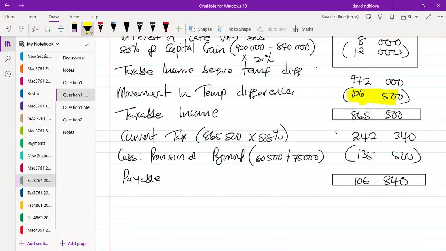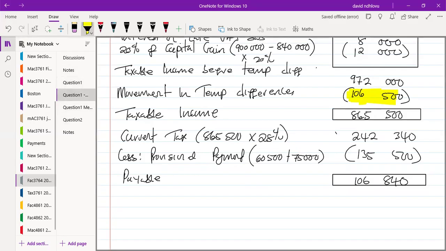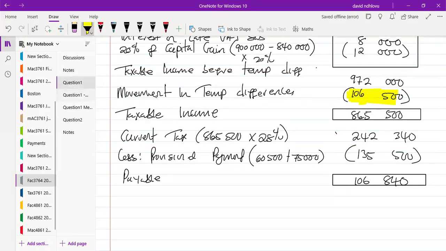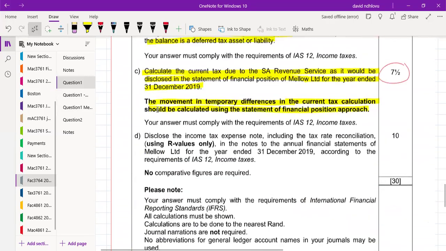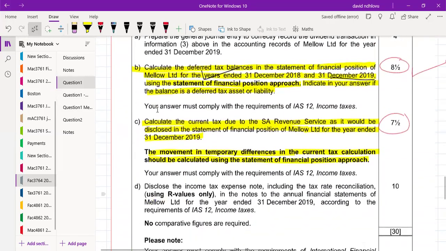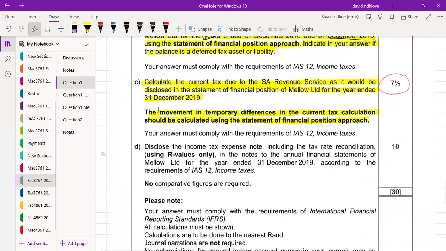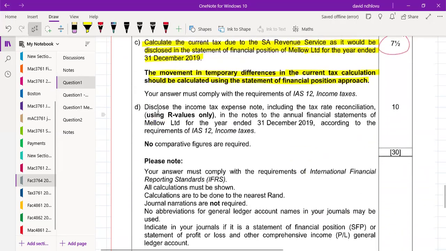Let's see what else they wanted in that particular question. Right, where is my question? So we have answered number B and number C. Number D says: disclose the income tax note, including the tax rate reconciliation, using rand values in the notes to the annual financial statements of Melo Limited for the year ended 31 December.